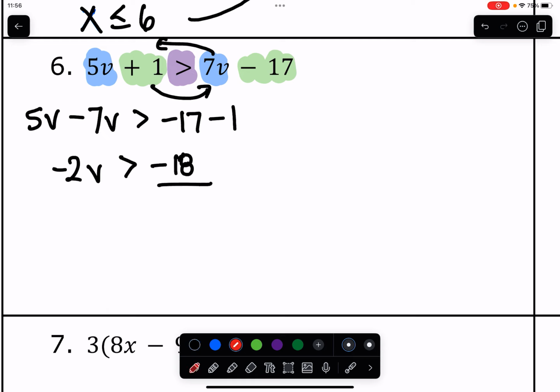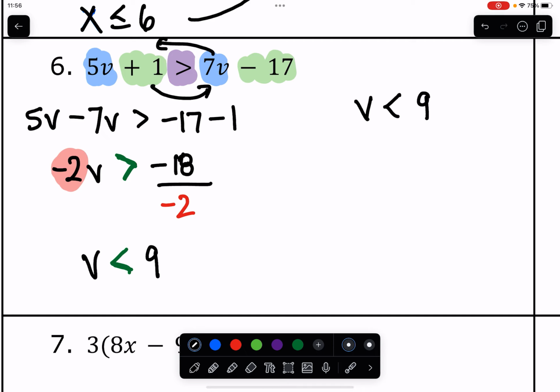We're going to divide now by negative 2. Notice that this number is negative, so because of that, our inequality is going to switch from greater to less than. So v is going to be less than negative 18 divided by negative 2, which is positive 9. So this is our solution.